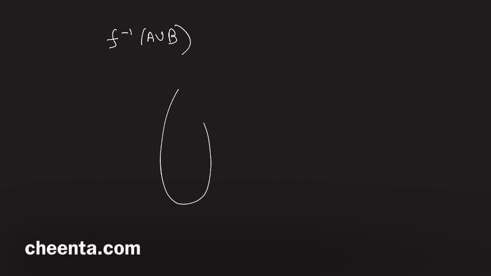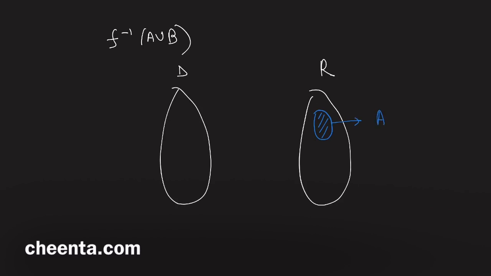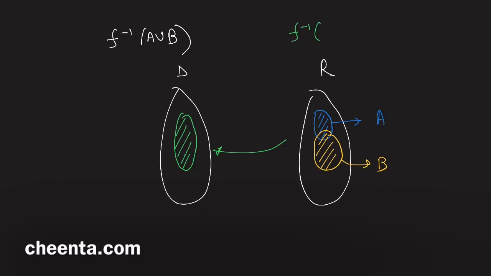So if this is D and this is R, if this is a subset A of R, and if this is a subset B of R, then you can take the inverse image of these two subsets, or you could have individually taken the inverse image of A and inverse image of B and made their union.